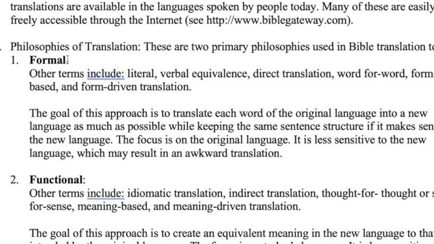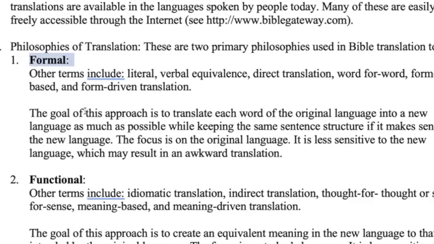The first one is called formal. This tends to be very literal. It gets as close as possible to the word order and structure of the original languages, and it tries to translate from word to word.